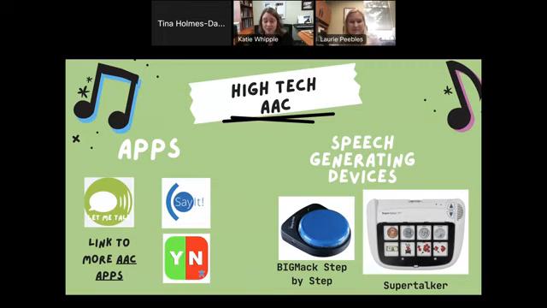You can do all kinds of things. However, you could just use it in your setting to have them make some choices about what instrument they want to play. So instead of having these coins that you see on the screen, it might be a variety of different percussion instruments or a couple of different notes, so that they could actually make some choices. So a lot of different options to help them communicate.